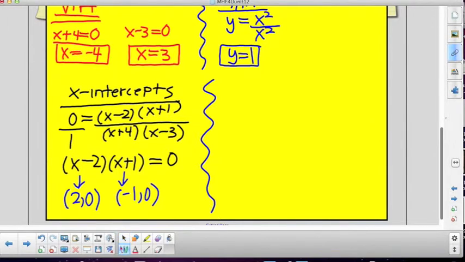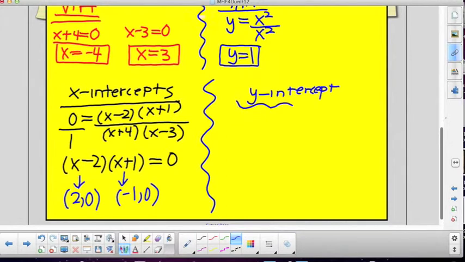Finally, the y-intercept. Remember, in order to find my y-intercept, I have to let x equal 0. So if y is equal to (x minus 2)(x plus 1) over (x plus 4)(x minus 3), that gives me 0 minus 2, which is negative 2. 0 plus 1 is positive 1. 0 plus 4 is positive 4. 0 minus 3 is negative 3.